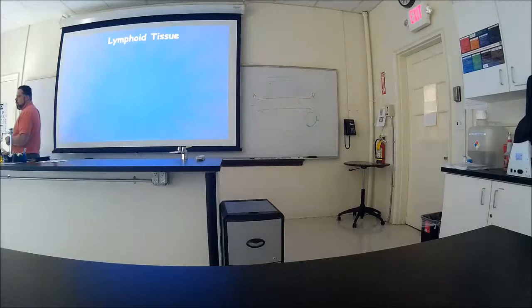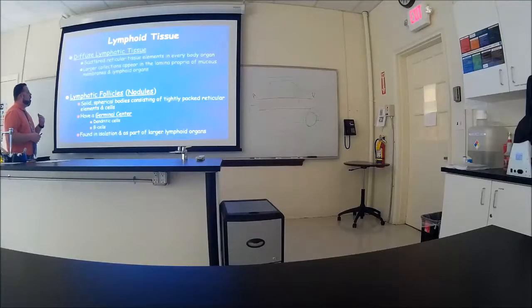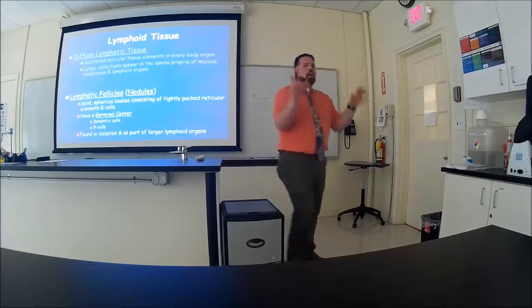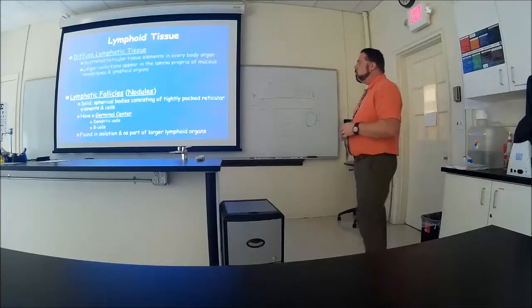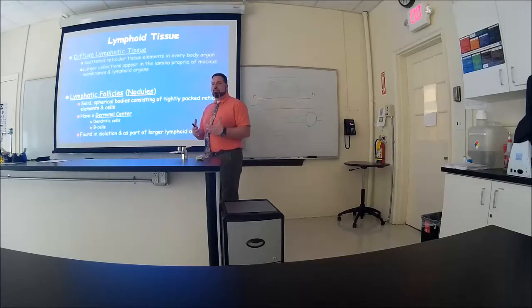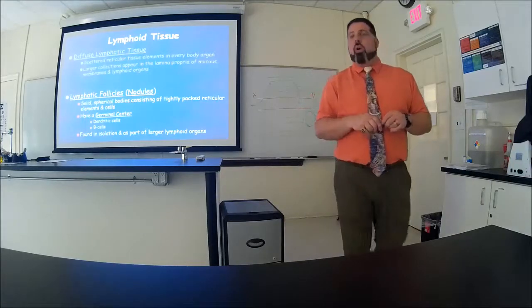Okay? The lymphoid tissue, it's scattered reticular tissue. That's the elements in every body organ. Well, I'll show you a picture so you can actually see what's going on. But this diffuse lymphoid tissue is going to have nodules in there. These nodules are basically spherical bodies that consist of these reticular elements, these webs that are found inside these lymphoid organs.